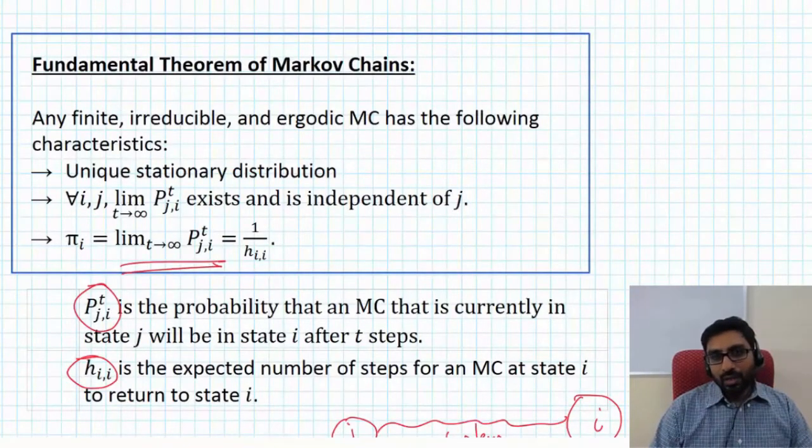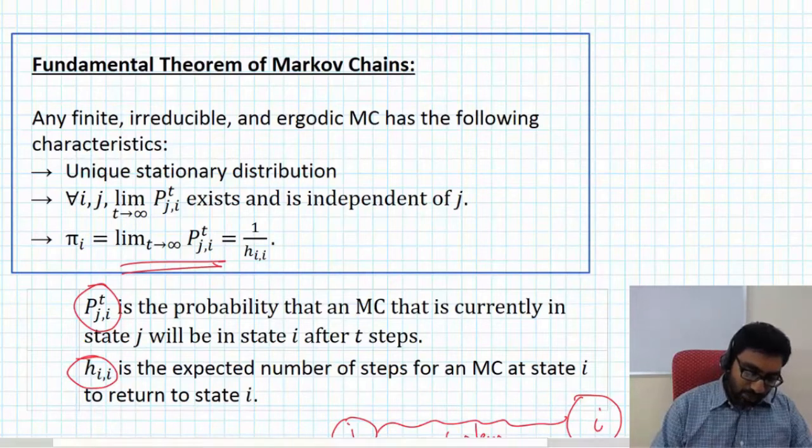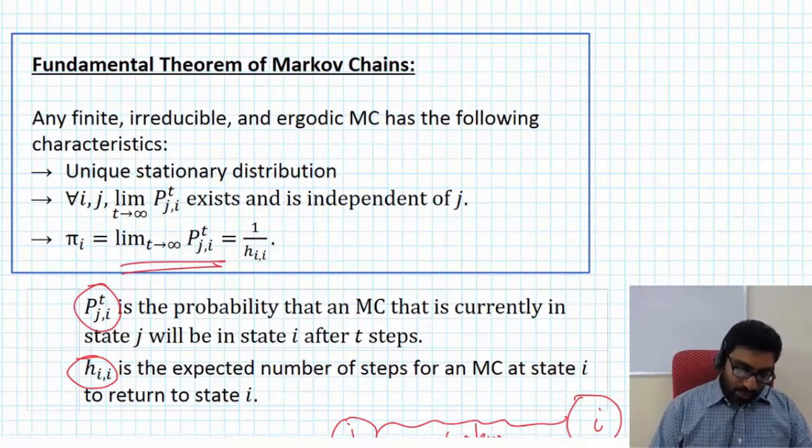Let us now look at the fundamental theorem of Markov chains. Since we are interested in finite, irreducible, and ergodic Markov chains, that's what this theorem is going to talk about. Such Markov chains have a unique stationary distribution. If it has to be unique, that means essentially the history is forgotten.